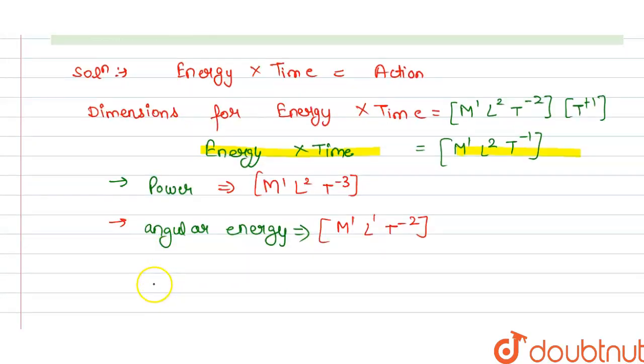Now we check for force into velocity. This is the dimension of power and this is the dimension of angular energy, and now we have force into velocity.